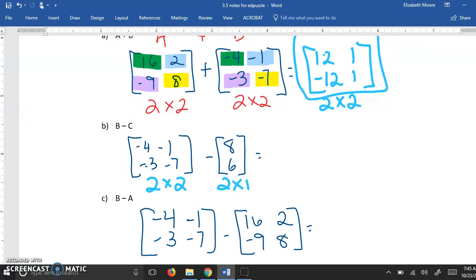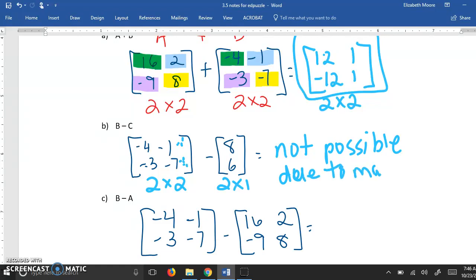The reason it's not possible is because if we're looking at corresponding elements, there's no corresponding elements for these two here. Okay? We only have 2 rows and 1 column in matrix C. So we would just say that this is not possible due to matrix size.